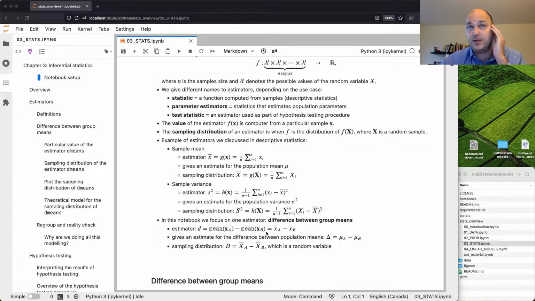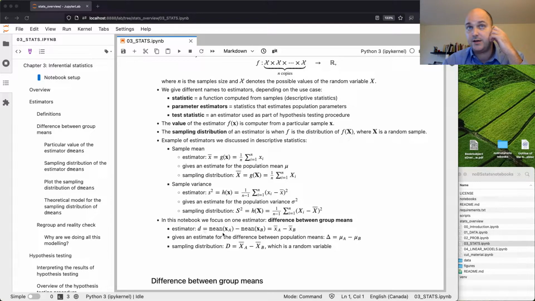So comparing the means, lowercase d for a particular sample, is a good estimate for the difference between population means. And the variability is the sampling distribution, where we use the capital letter D, from hypothetical random samples from the two groups.